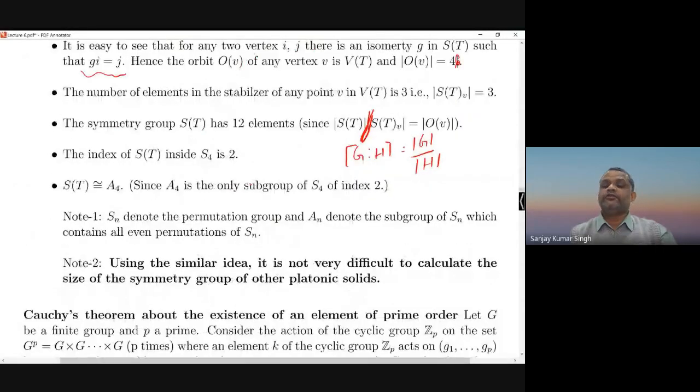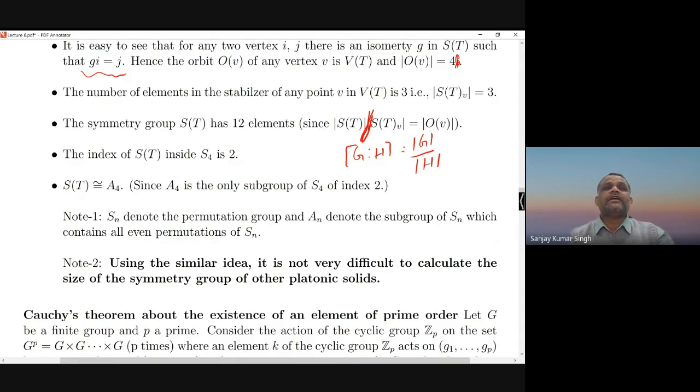So I have given you one application. Another application, because I already mentioned that it gives different proofs of already known theorems also. So now I am going to pick a very well-known theorem in group theory, which is called Cauchy's theorem.